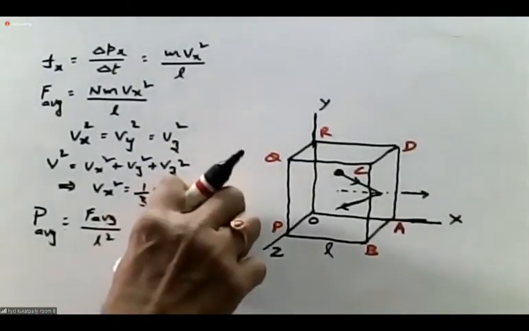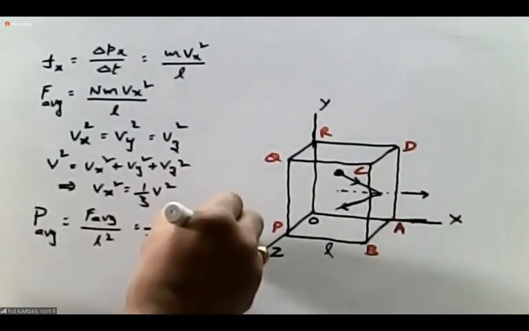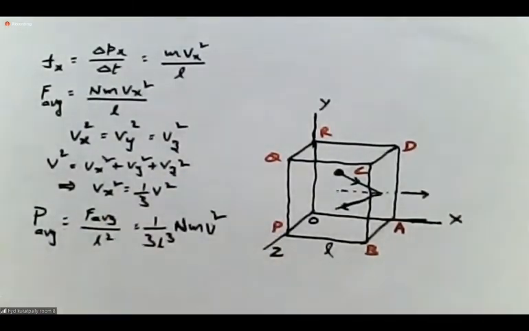But see, this expression is correct only if all the molecules have the same velocity V. What is the guarantee that all molecules will have the same velocity?